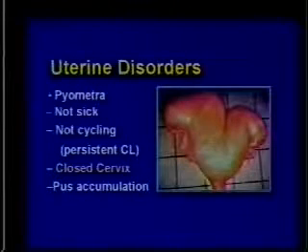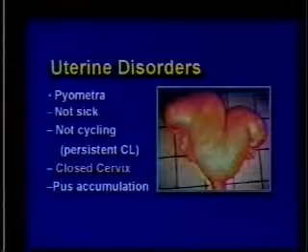There's one special type of uterine disorder, and that is pyometra. A little bit later, after parturition, when the cervix closes and the animal starts to cycle again, it is possible for the infection to be trapped in the uterus, and we now are dealing with a pyometra. Quite different from pyometra in other species, specifically the dog.